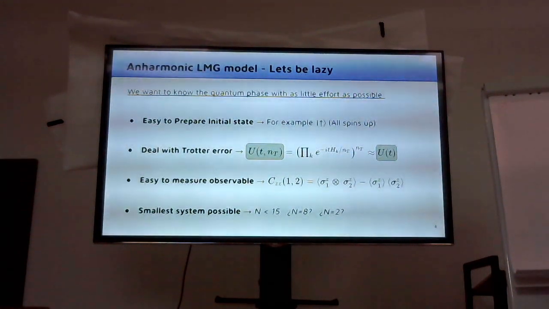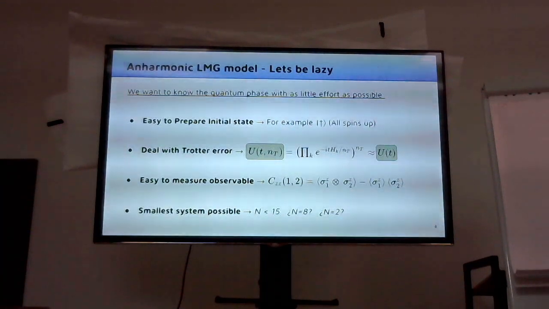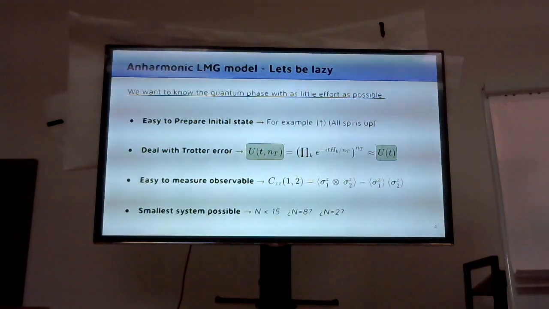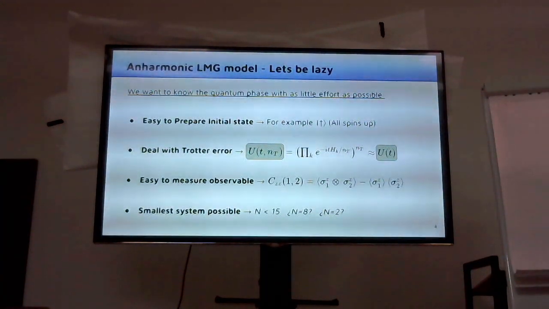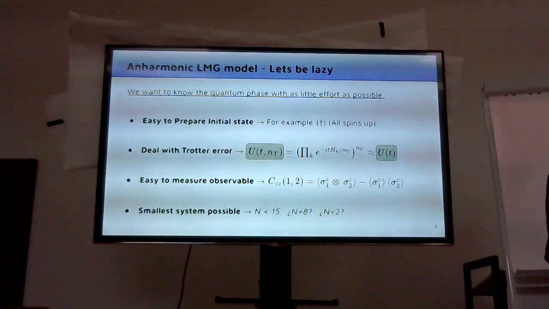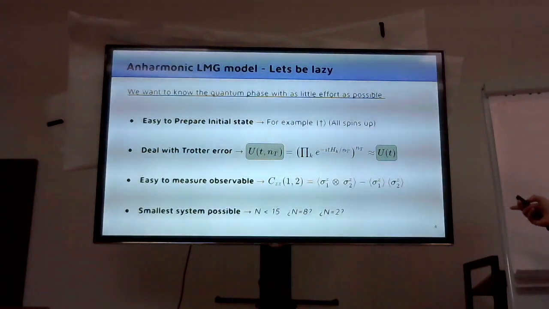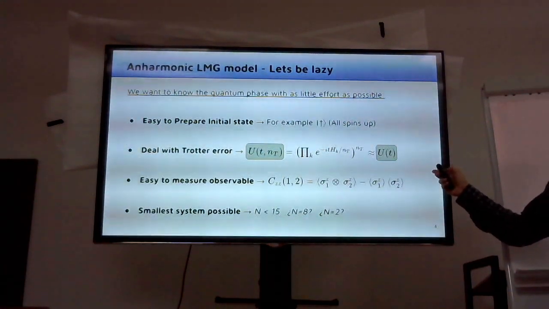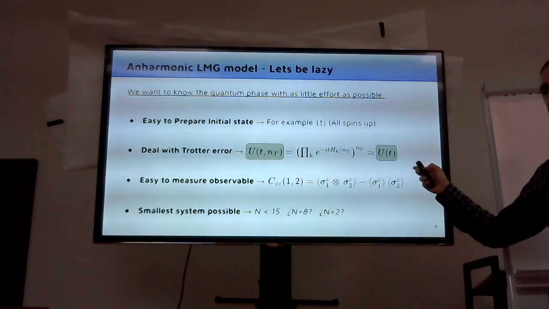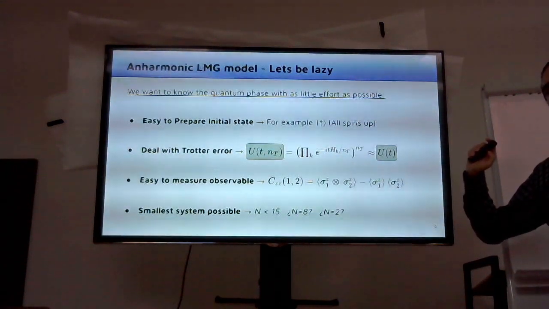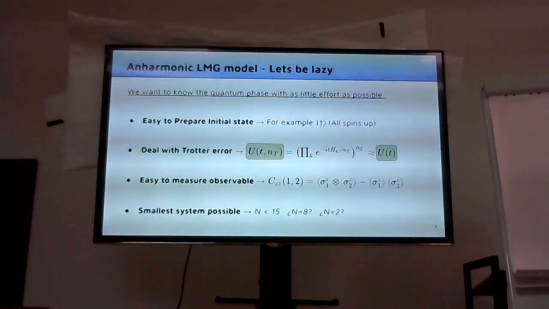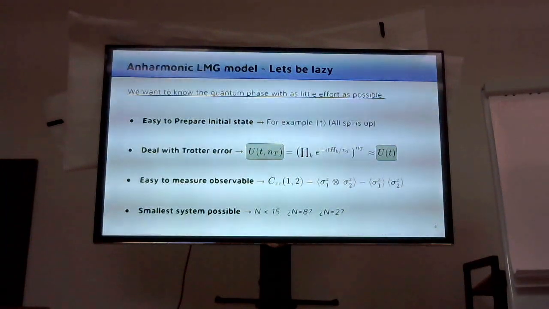Yes, my question is related to the simulation. So you have used the Trotter method, but why do you consider this to be the easiest one? Well, you will see that later, because you actually don't have to correct for the Trotter error. But have you considered any other method, like linear combination of unitaries or qubitization?